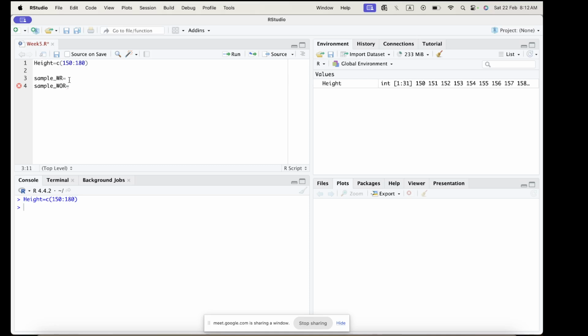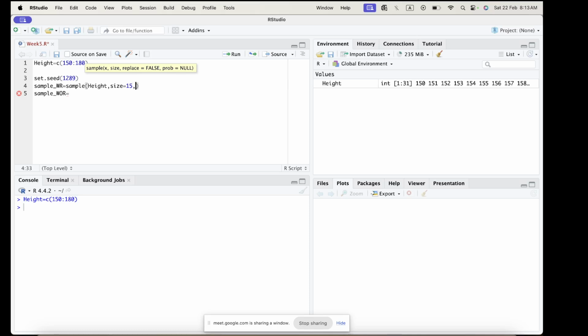So, sample with replacement and sample without replacement. How am I going to do that? First, if I want my calculations to remain the same every time I run it, I'm going to set a seed. So I will write set.seed with some random number. Then I write sample x, so I'm sampling from height, and let's say I sample 15 individuals.